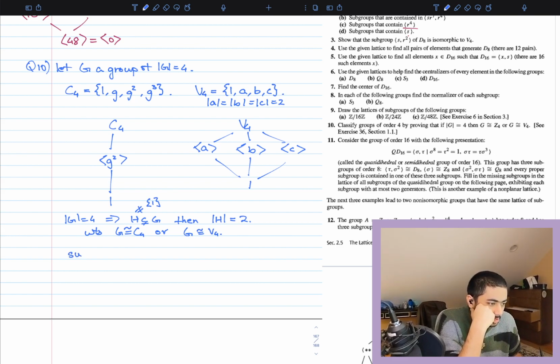So suppose that G is not isomorphic to C4, right? Then we want to show that the only other option is for G to be isomorphic to V4.